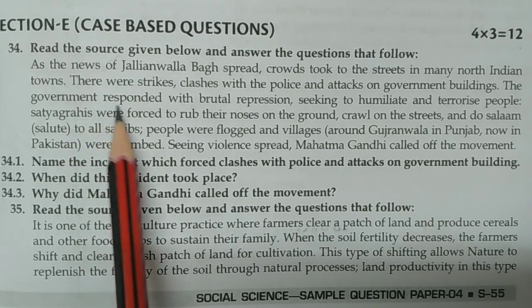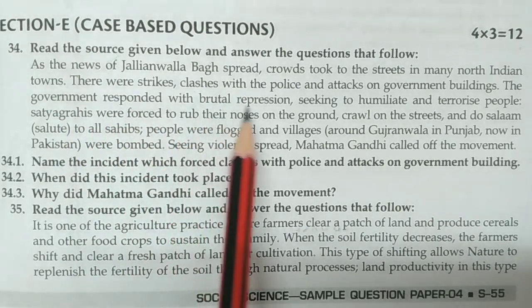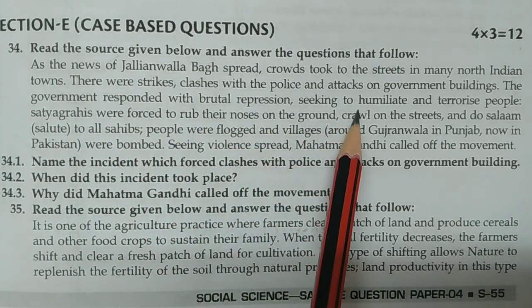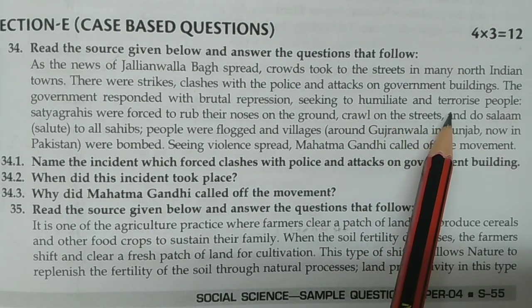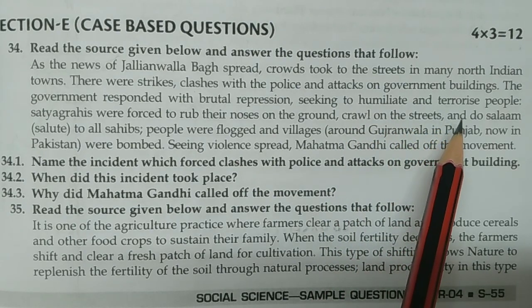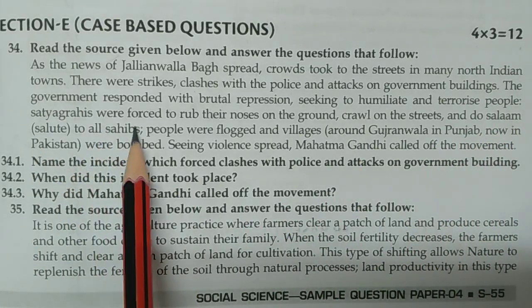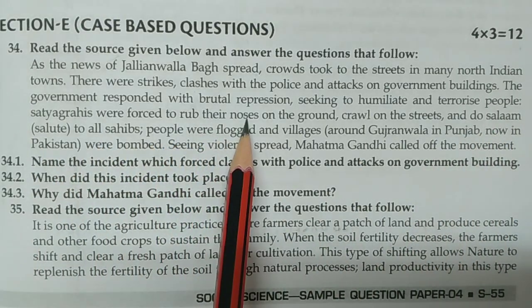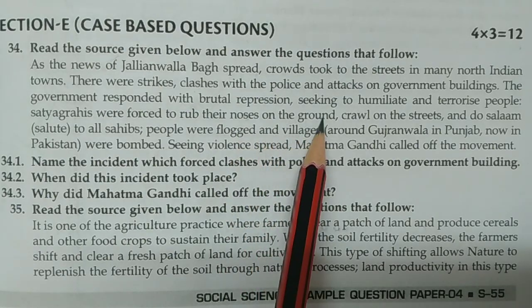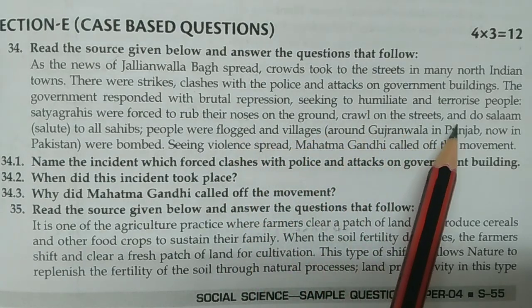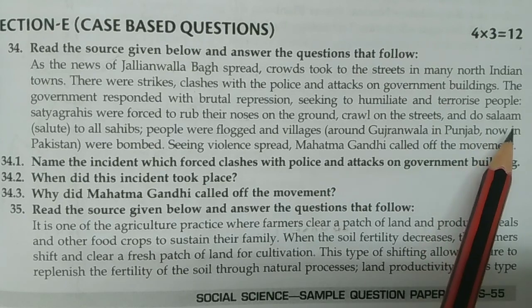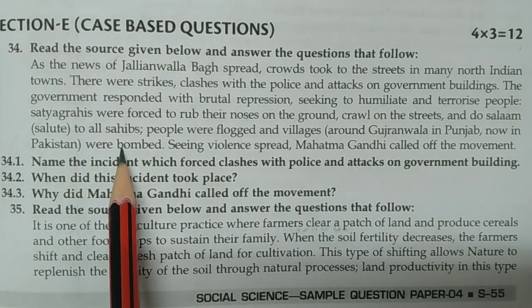The government responded with brutal repression, seeking to humiliate and terrorize people. Satyagrahis were forced to rub their noses on the ground, crawl on the streets, and salute all sahibs.